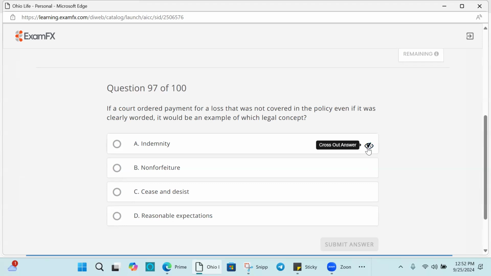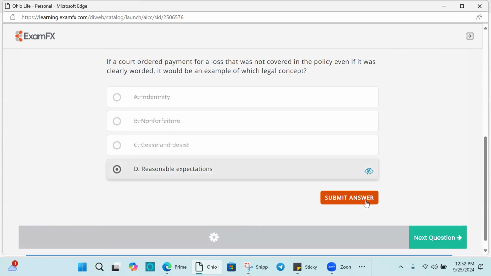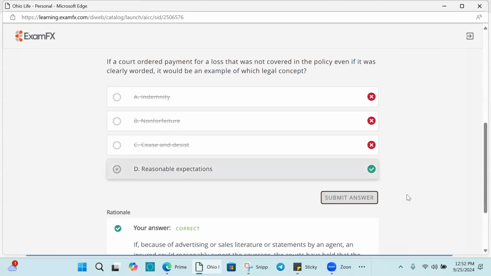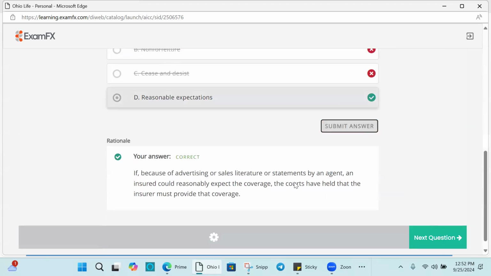So it's not non-forfeiture. It's not cease and desist. Oh, sorry, not reasonable expectations. I think it's reasonable expectations. You can reasonably expect that the coverage will be there, I think. You're right. Okay.